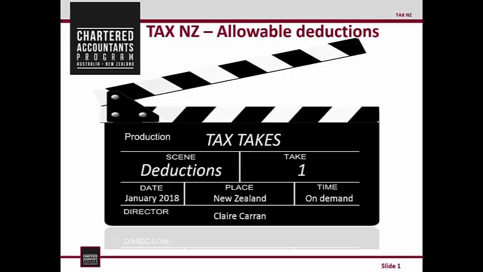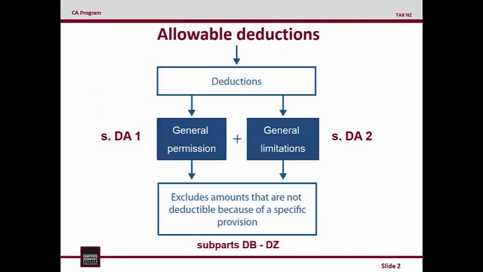So what are allowable deductions? Part D of the Income Tax Act 2007 contains the provisions relating to deductions. To calculate a taxpayer's allowable deductions, you need to consider the general permission in section DA1, which permits a deduction, and the general limitations listed in section DA2, which deny a deduction.